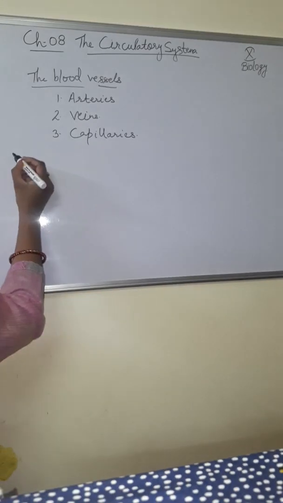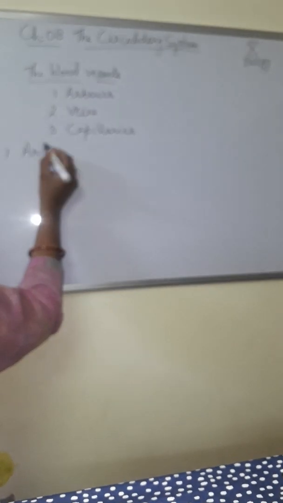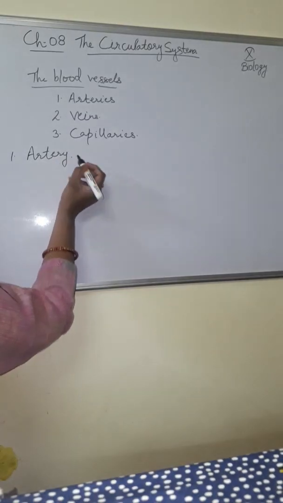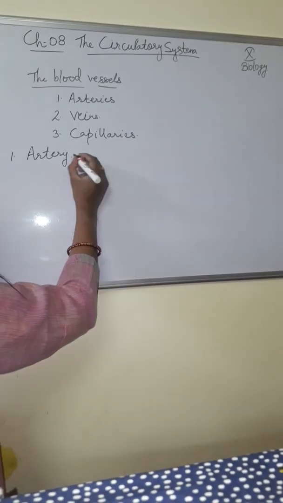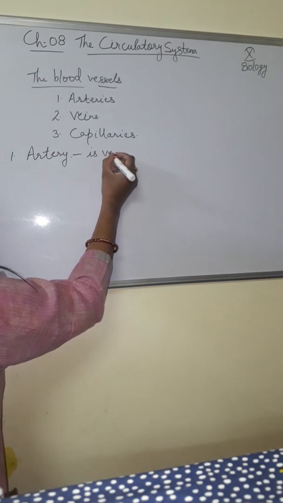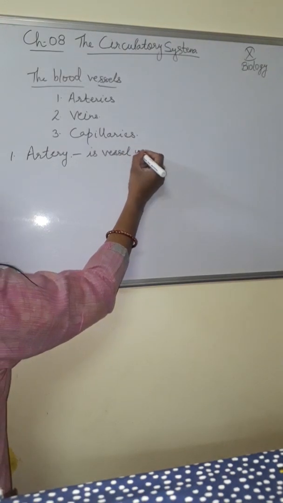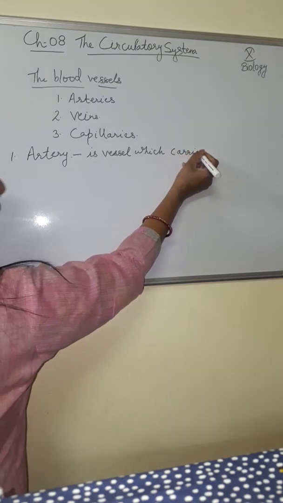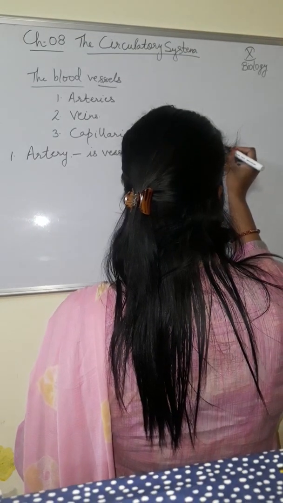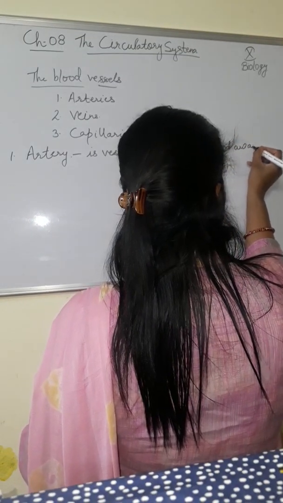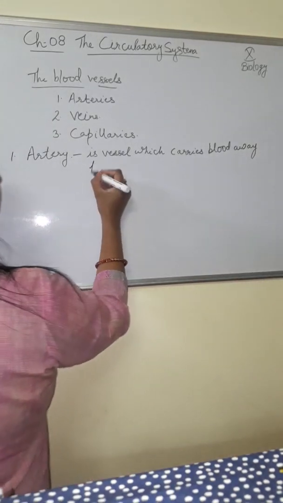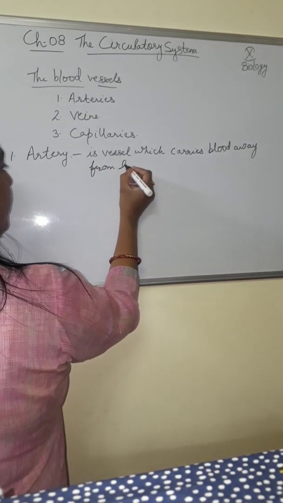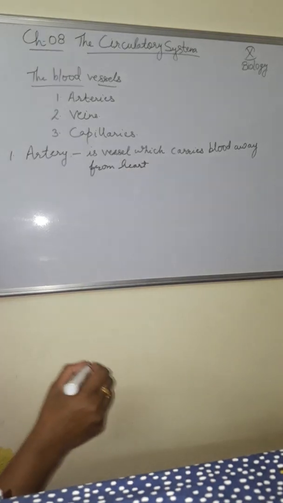Now first one, artery. Artery is a vessel which carries blood away from the heart, and which type of blood it carries?